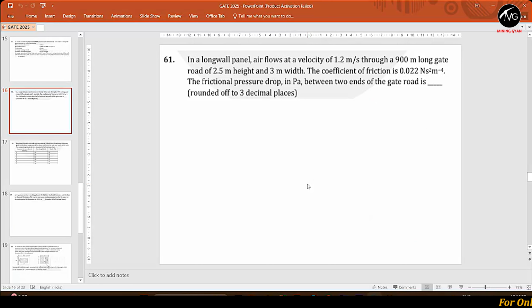The air is flowing in the Longwall panel at the rate of 1.2 meter per second through a 900-meter long gate road of 2.5 meter height and 3 meter width. The coefficient of friction is 0.02 Newton second square per meter to the power 4. The frictional pressure drop we have to find out between the two gate roadways.